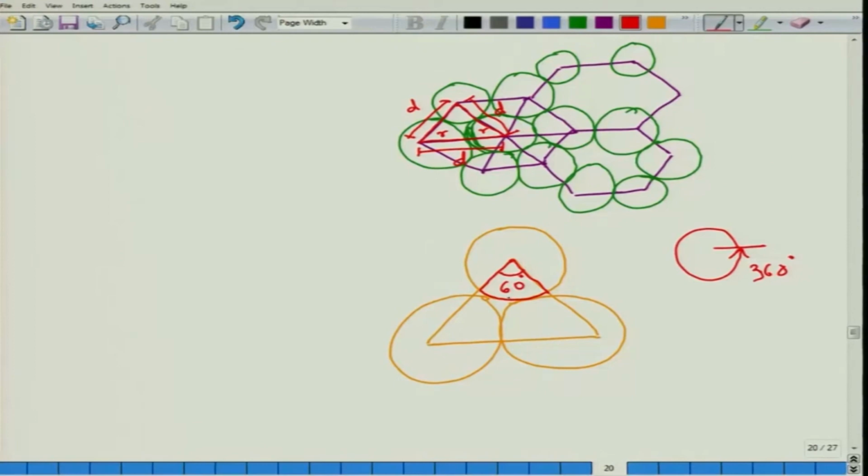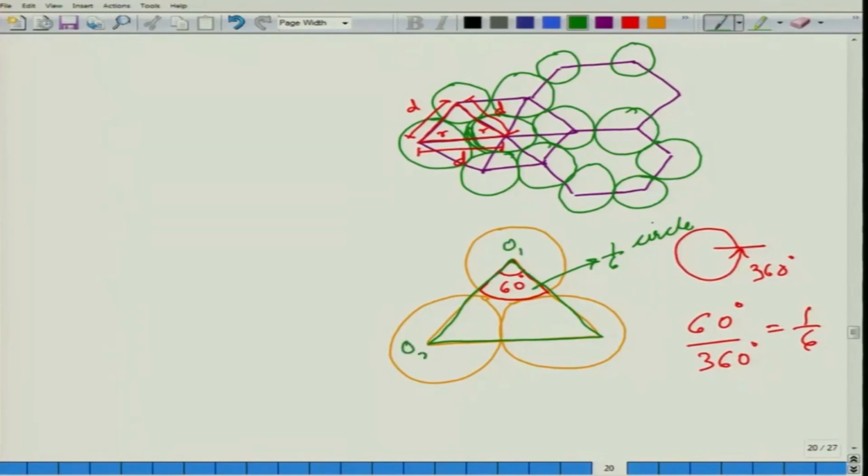So, what about this sector that is covering only 60 degrees? It becomes 60 upon 360 degrees, or 1 by 6 of a circle. So, this region is 1/6 of a circle. Now, in this triangle, we have 3 such 1/6 circles.